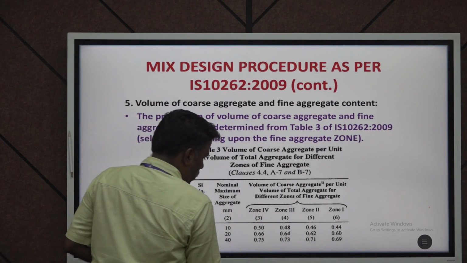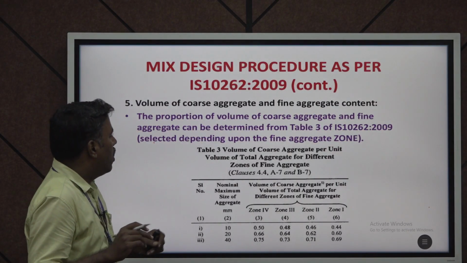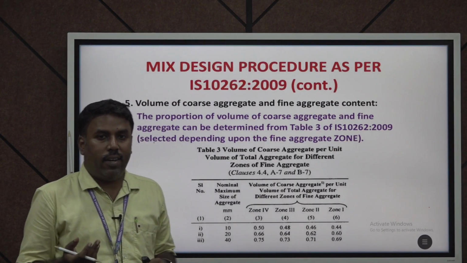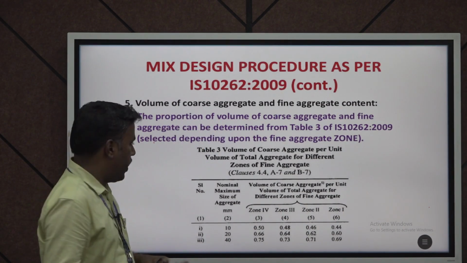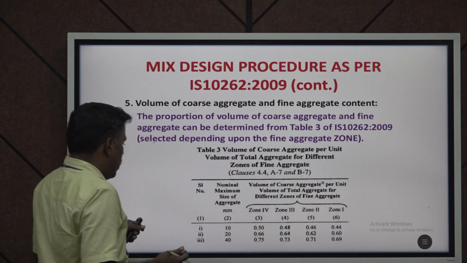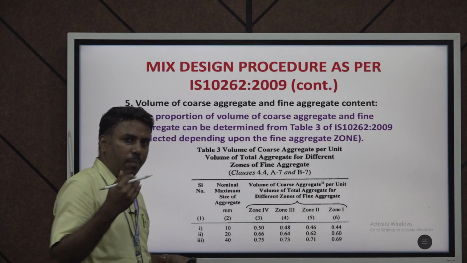Fifth one is calculation of the volume of coarse aggregates and fine aggregates. In this step, we have to refer to Table 3.